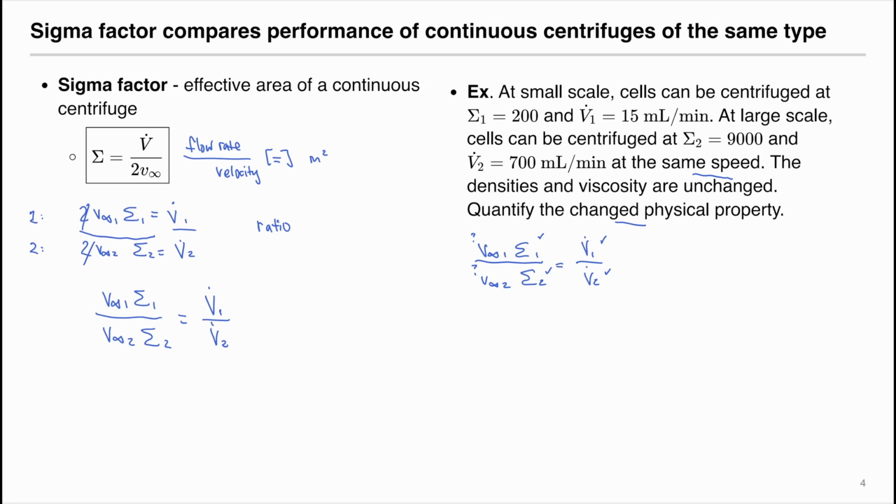Remember from the governing equation of Stoke's law for centrifugation, we have that the terminal velocity is equal to the difference between the density of the particle and the fluid divided by 18 times the viscosity times particle diameter squared times the angular velocity squared times the radius. Because we're taking the ratio, let's write that out.